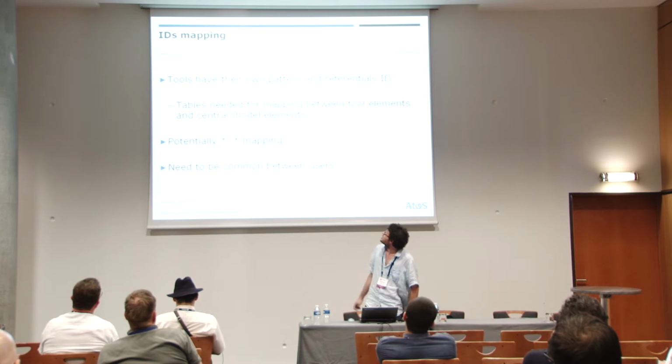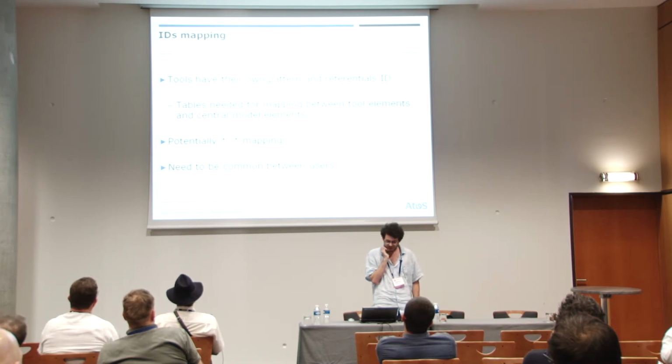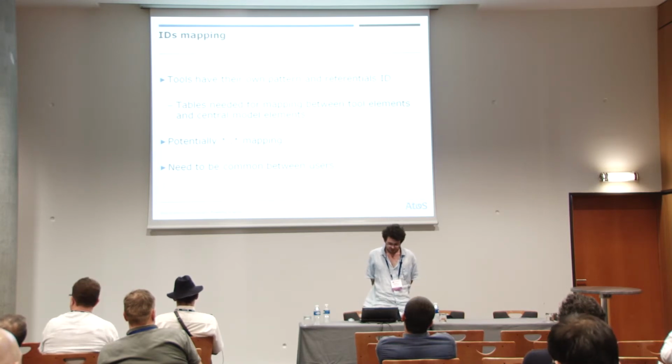So I'll talk a little about the ID mapping problem. So two lives there of generation pattern of IDs and referentials. So we need tables to map them. Potentially, it needs to be a multiple mapping.